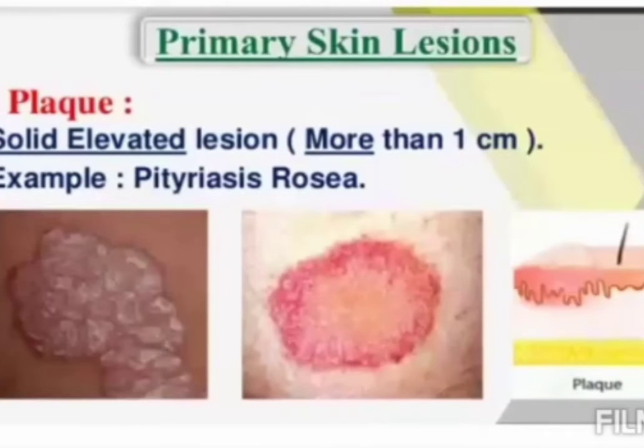A plaque is a circumscribed, elevated, superficial, solid lesion that is greater than 1 centimeter in diameter. Examples are psoriasis, seborrheic and actinic keratosis. Just understand, an example for plaque is psoriasis. You will study psoriasis later.